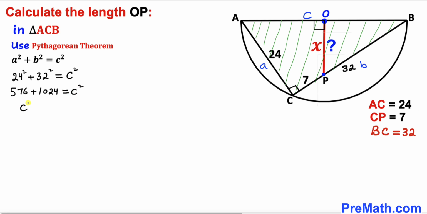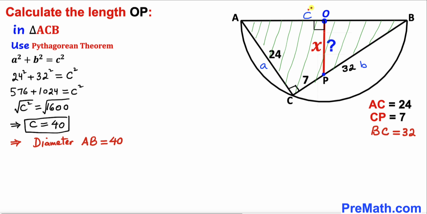So c squared turns out to be equal to 1600. Let's take the square root on both sides. So our c value turns out to be positive 40. This side c represents the diameter AB, which is 40.